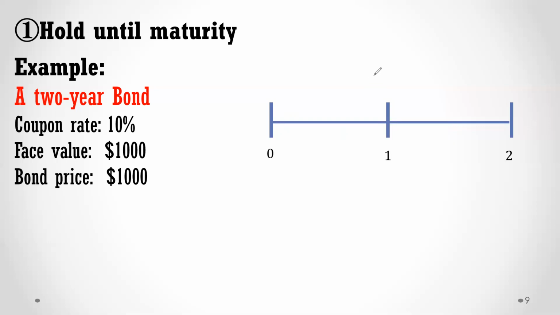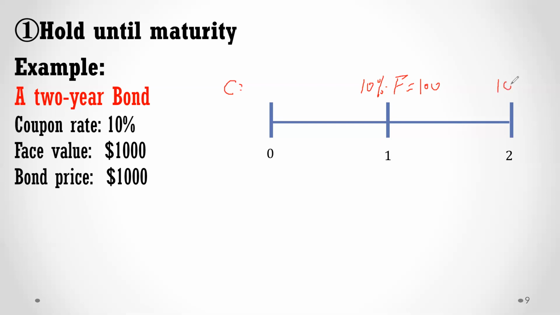That means you can get a coupon payment, which is the coupon rate times the face value. The face value is 1,000. So at the end of year 1, you are going to have a $100 coupon payment. Let me put C here. At the end of year 1, you get 100.